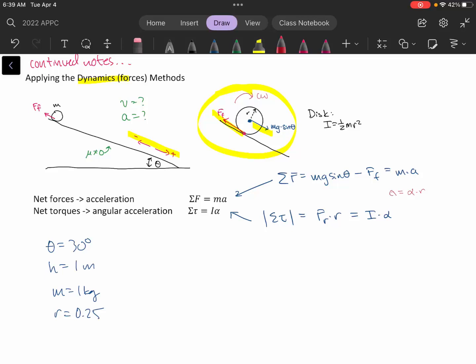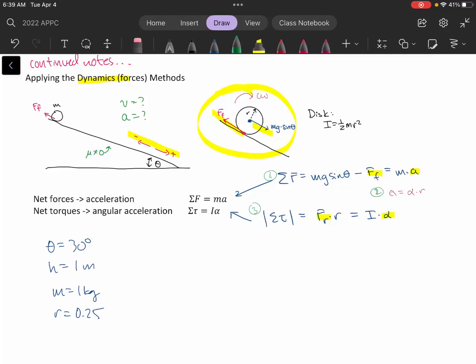Now, as we've probably done in other problems, we've got too many unknowns, right? We've got the friction we don't know, we've got the acceleration we don't know, and the alpha we don't know. That's three different unknowns, but we do have 1, 2, 3 equations. We've got dynamics, the conversion, and the torque.